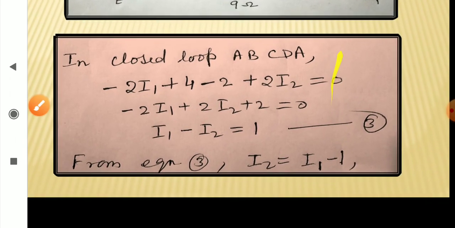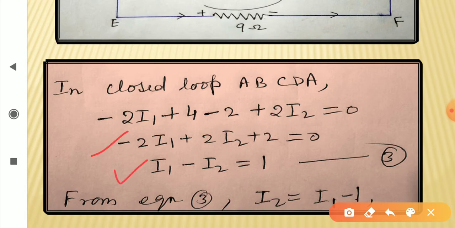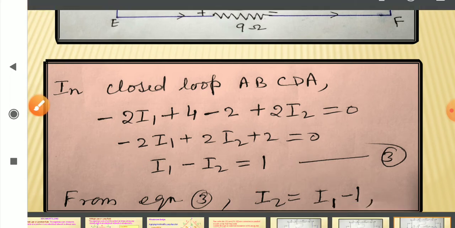Now you must remember the sign convention, then only you will be able to do it. So open the equation, simplify it, you get I1 minus I2 is equal to 1. From this equation, I2 can be written as I1 minus 1, and we can use this value in previous equations.